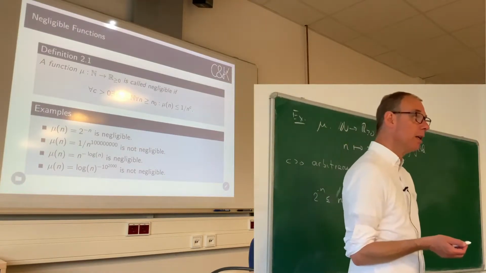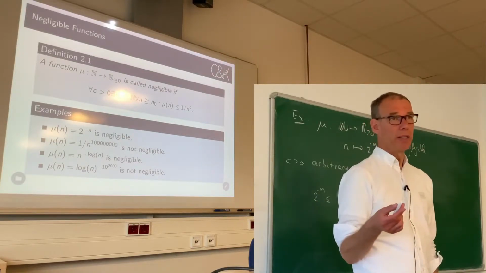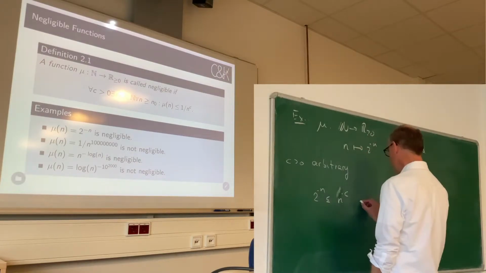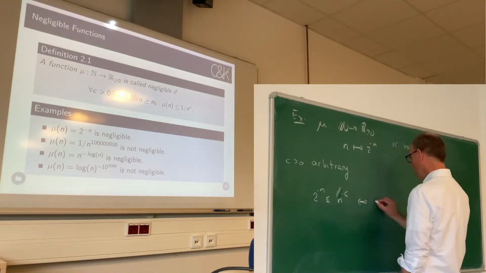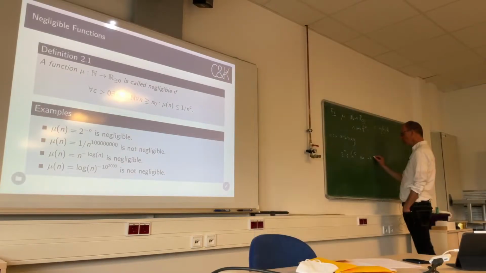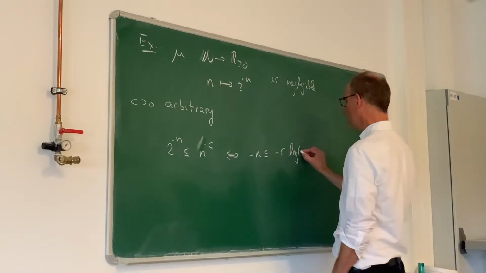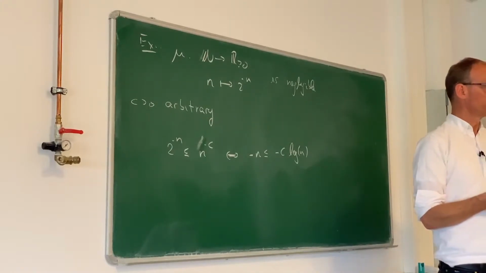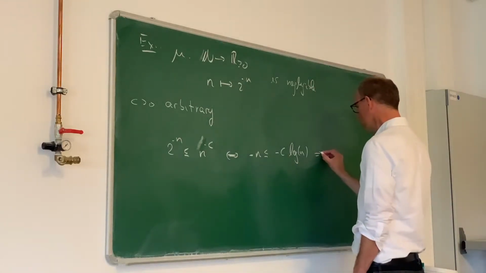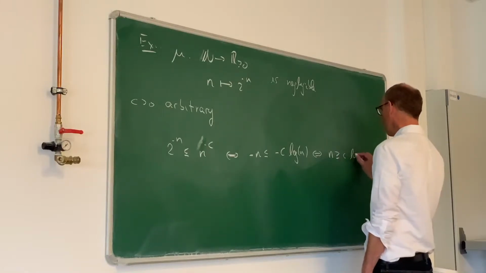Okay, let's take a logarithm on both sides. Logarithm to base 2. When I take a logarithm, unless otherwise specified, I always mean logarithm to base 2. Well, this means that minus n is bounded by minus c times log n, which means that n must be larger than c times log n.